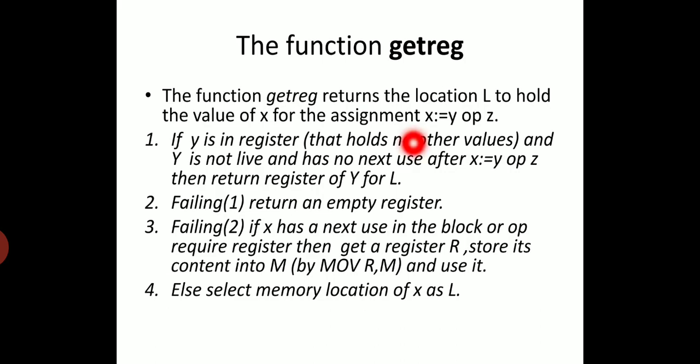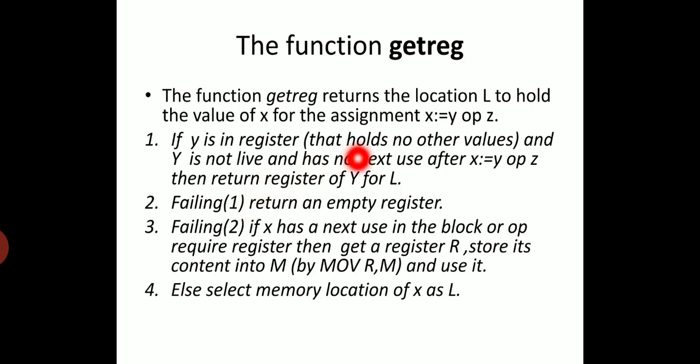So if y is in a register that holds no other value, and y is not live and has no next use after x equal to y op z, then return the register of y for L. You can use the register already allocated for y, because after that operation the register for y is not required. So we can use it as the register for x.